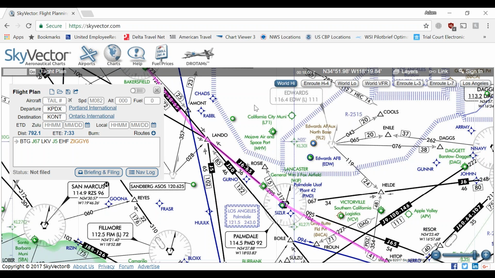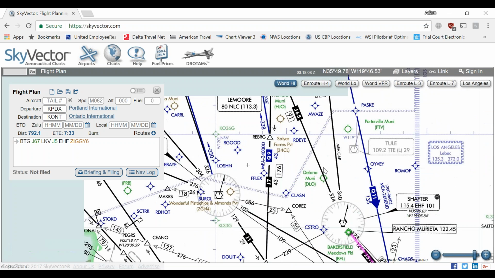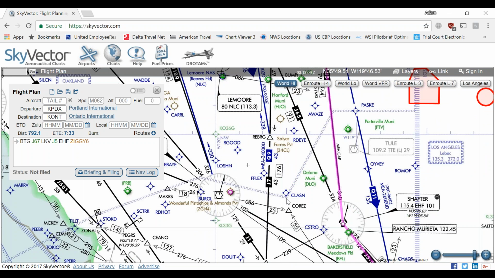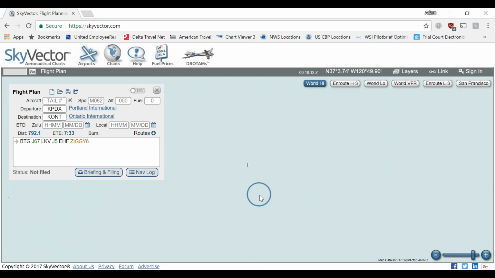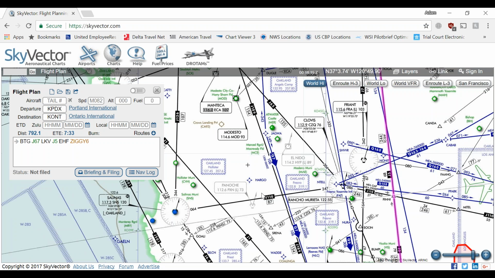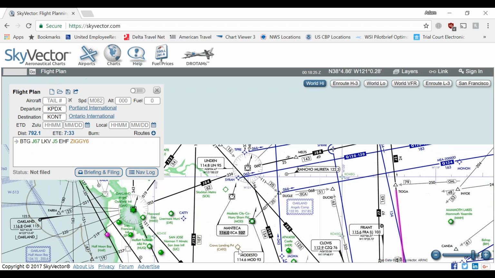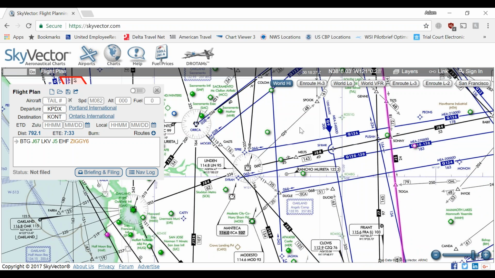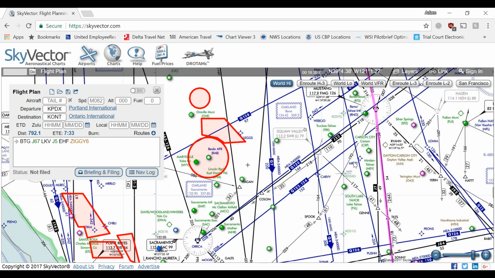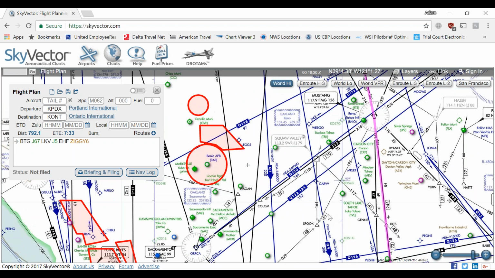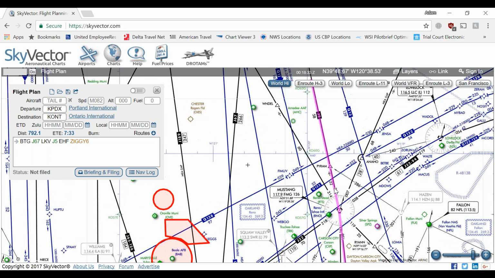Like if you did Portland straight down to Eugene, there's a Victor route. But the question is, where does the Victor route begin? Because you've still got to go to a VOR. So you just went Portland direct to Eugene. We went from Battleground to J189, and then T1.